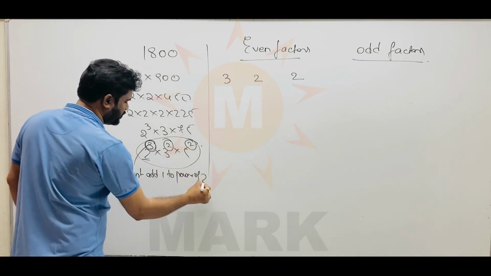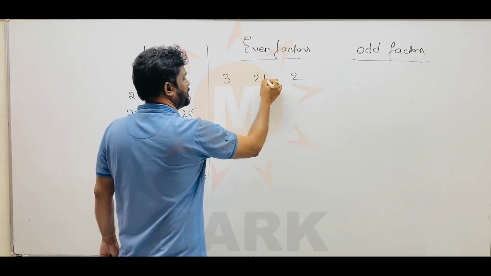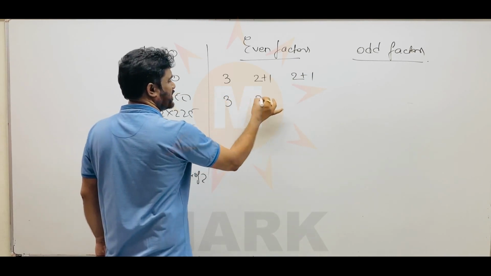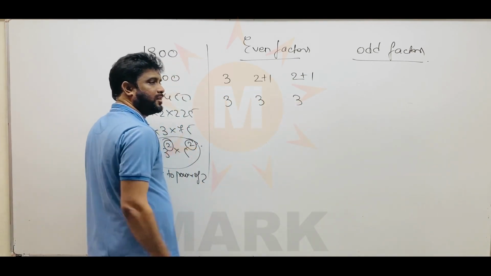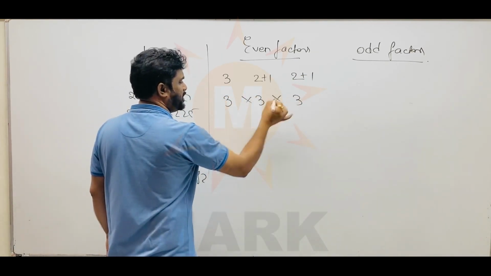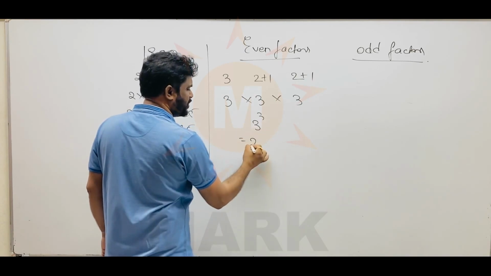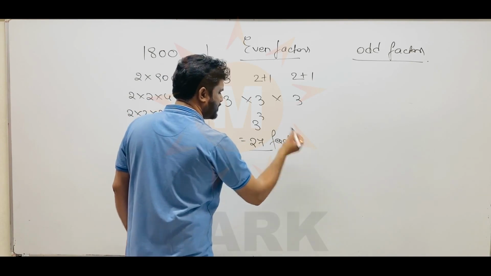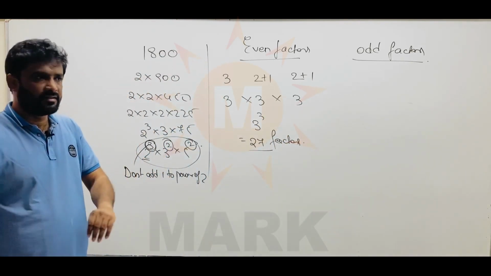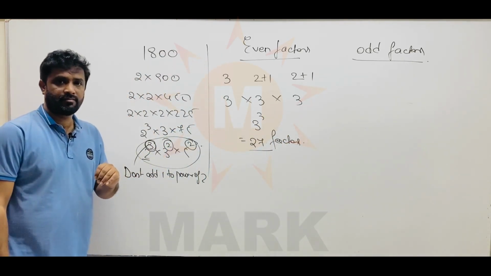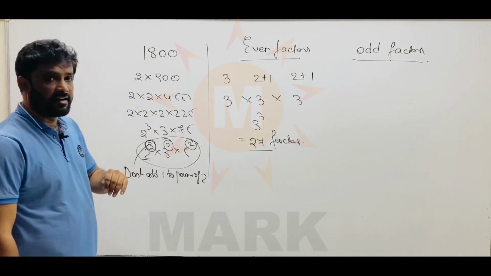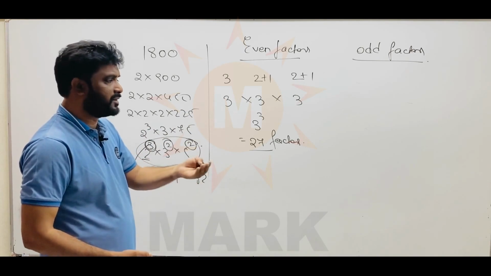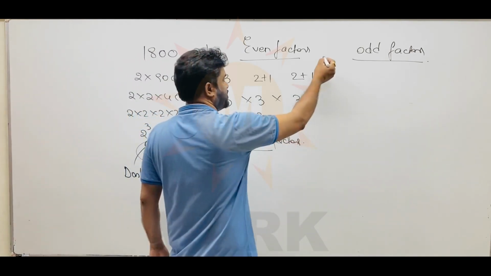The remaining numbers you have to add plus 1, plus 1. Now what are the numbers you got? 3, 3, 3. Now multiply them. 3 into 3 into 3, 3 cube. What is 3 cube? 27. 27 factors are there which are even numbers. There are 27 factors of 1800 which are even numbers. If you have a calculator, you can check, divide by 2, divide by 3, like that. You know the divisibility rules.